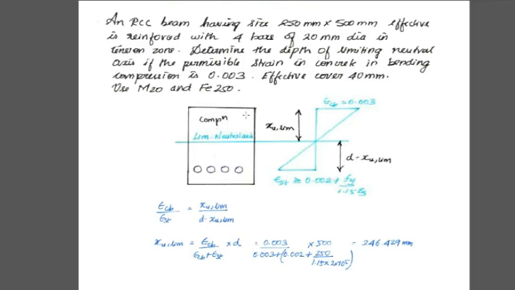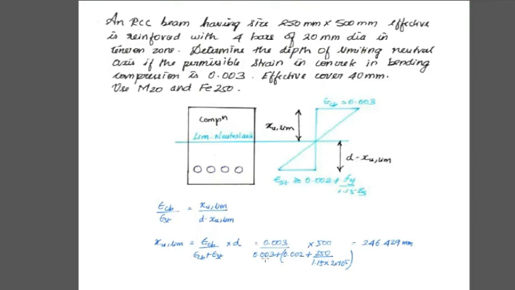So we can say either way. So we need to find the value of xu limit. There is an equation: xu limit equals epsilon cb divided by epsilon cb plus epsilon st, into effective depth. The question itself gives epsilon cb equal to 0.003.